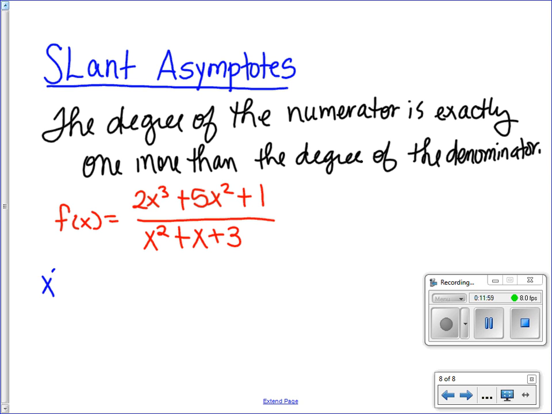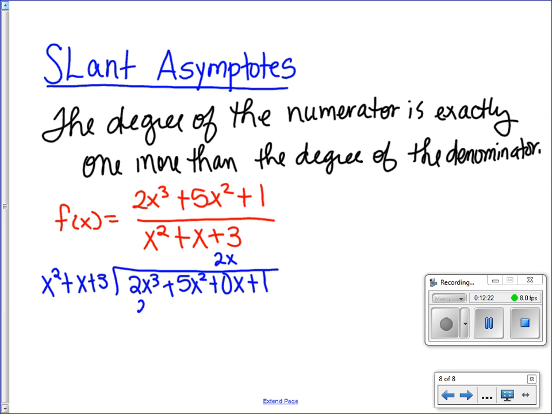So this is x squared plus x plus 3 going into 2x cubed plus 5x squared plus 0x plus 1. What times x squared gets me 2x cubed? 2x. Now this gets multiplied by everything here. And then what happens to all these down here? Those cancel out, and I'm left with 3x squared minus 6x plus 1.